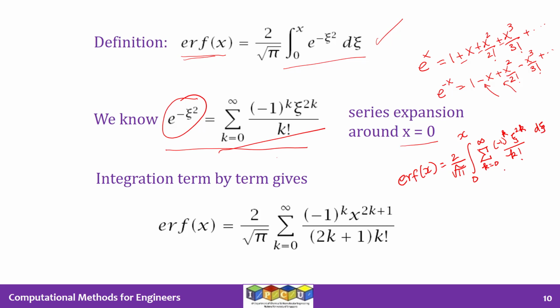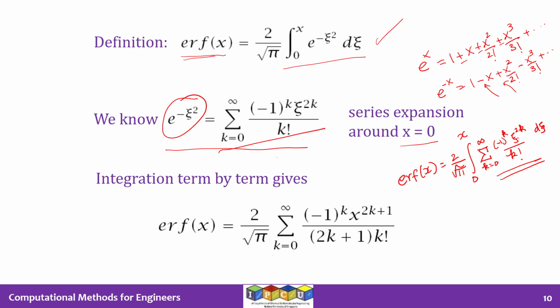Now this is easy to integrate term by term. Why? Because it is going to be a polynomial in psi, and integration of polynomials is easy. For example, integral of psi squared will be psi cubed by 3. Integral of psi to the power of 4 will be psi to the power of 5 by 5, etc.